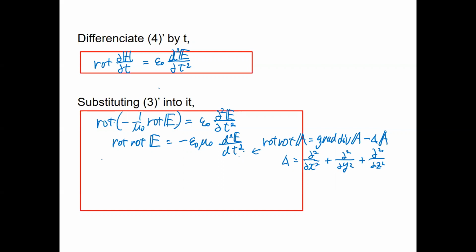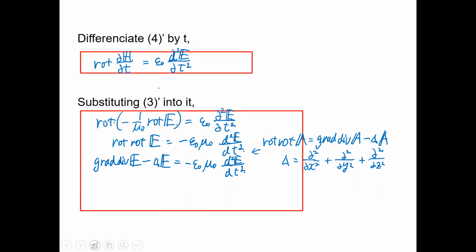So what we can obtain is gradient divergence E minus Laplacian E equals minus epsilon 0 mu 0 d2E/dt2.